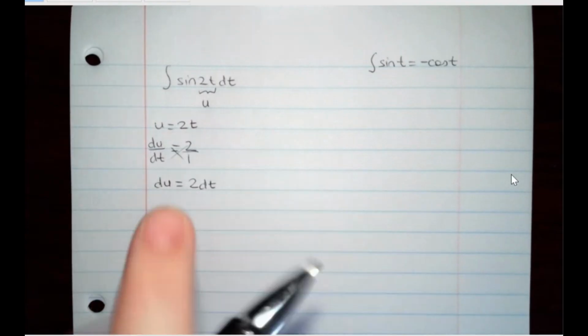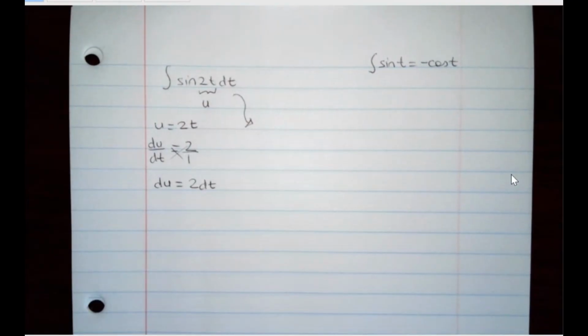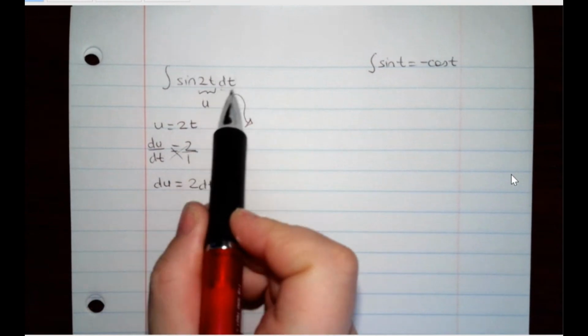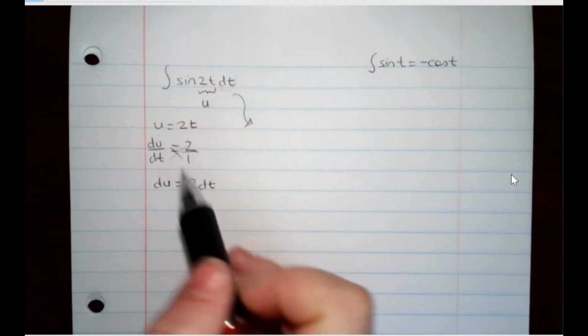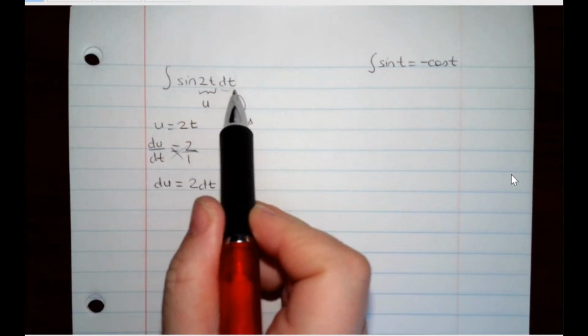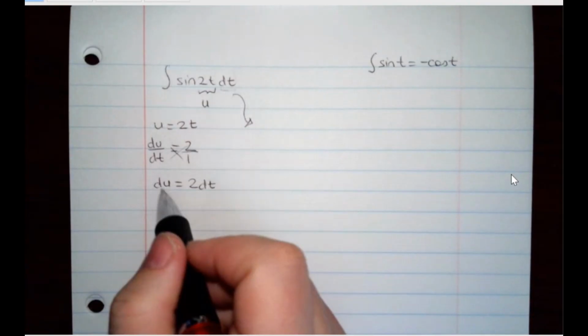Now we need to rewrite our integral in terms of the u variable. We have only dt in this integral, we don't have a 2. So whenever we see dt, we should replace it with some expression involving u.